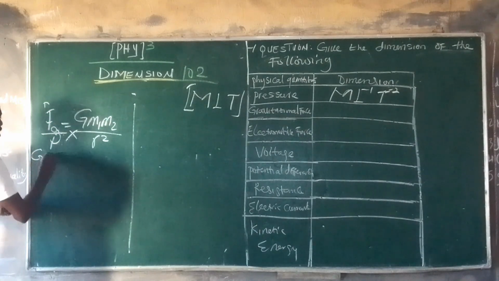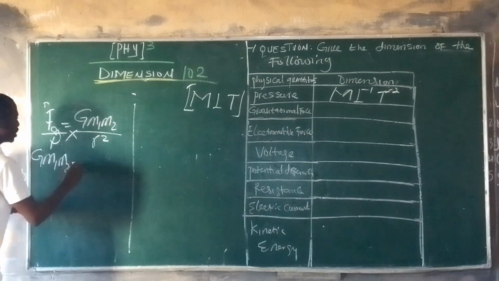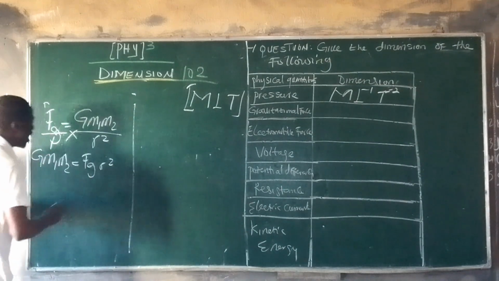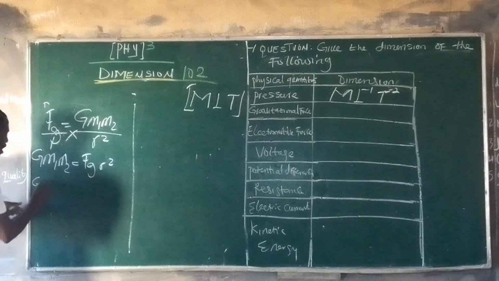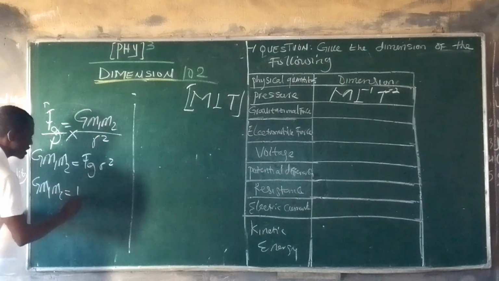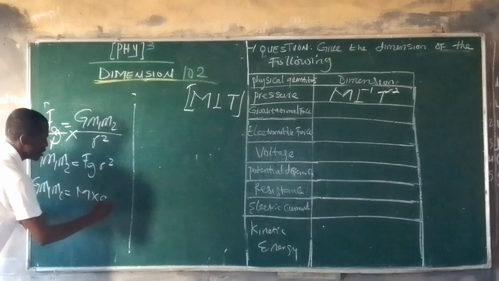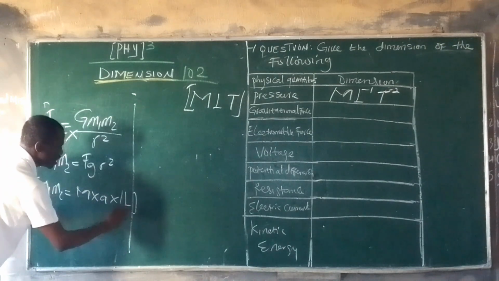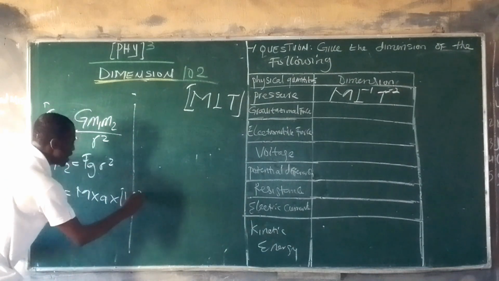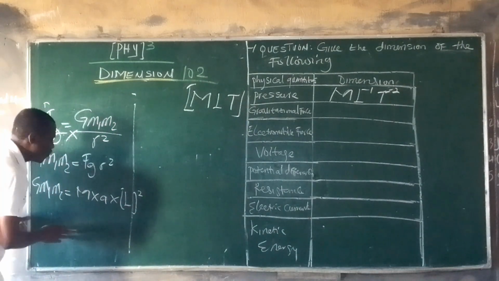We have that G M1 M2 is equal to F of G R to the power of 2. When we have done that, we know that force is mass times acceleration times radius, and that radius will be represented in L from this base. And we're raising everything to the power of 2.